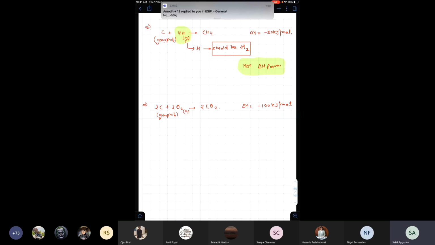Is this the enthalpy of formation? Very good, Amod. Akarsh, Chaitra, Faye, Ishan, Johan, Madhura.